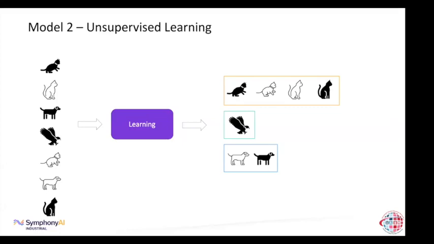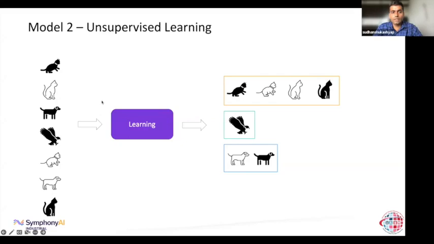The learning algorithm looks at all these objects and tries to see which have similar features and similar attributes, and based on that it classifies them into groups. So this kind of learning, where we are not supplying information about what is what, and we are not labeling them, is called unsupervised learning.